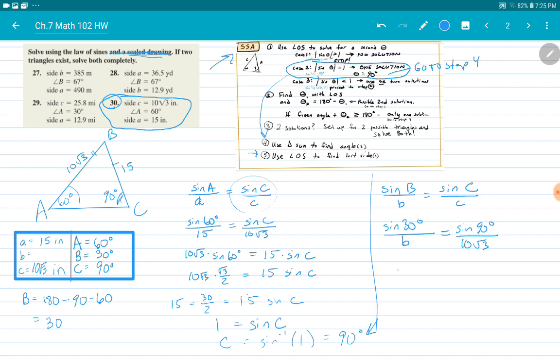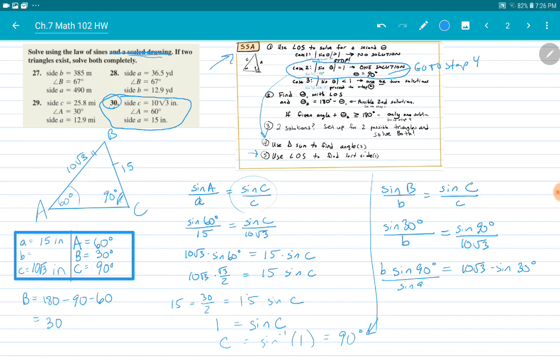I'm going to cross multiply first. I could have substituted in and simplified, since these are special angles from my unit circle, or cross multiplied first. It doesn't matter. And then I know sine of 30 is 1/2 of 10 radical 3. And oh, you know what I should do? Sorry, isolate the b.